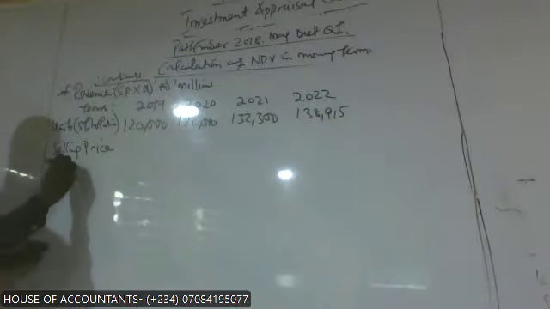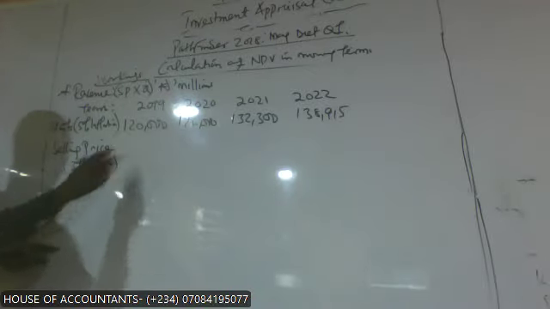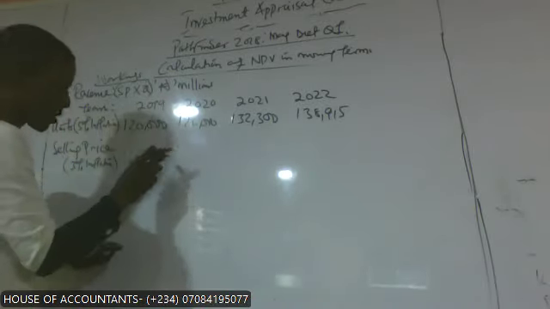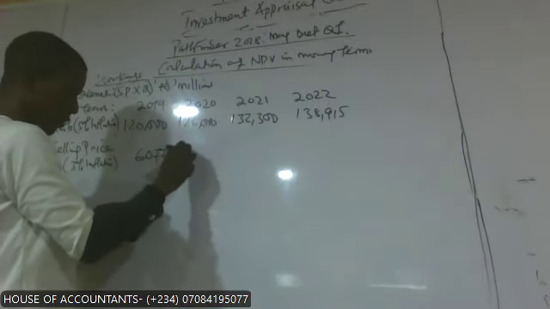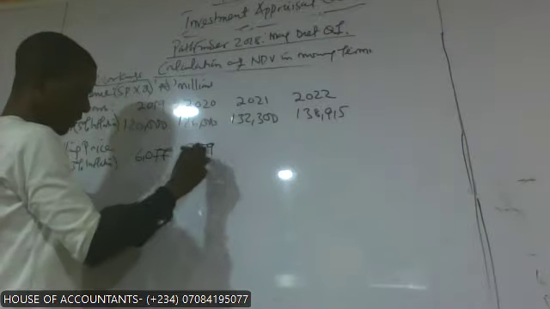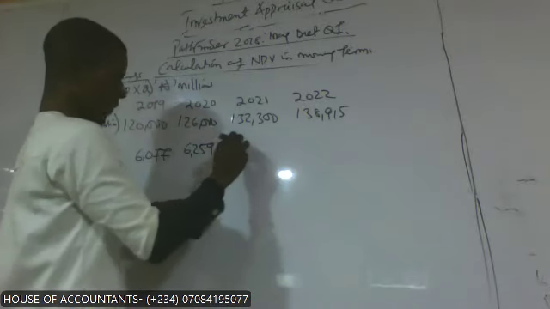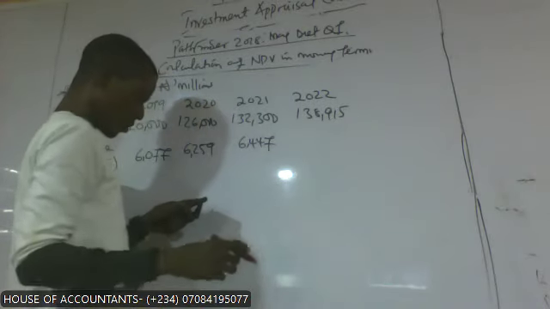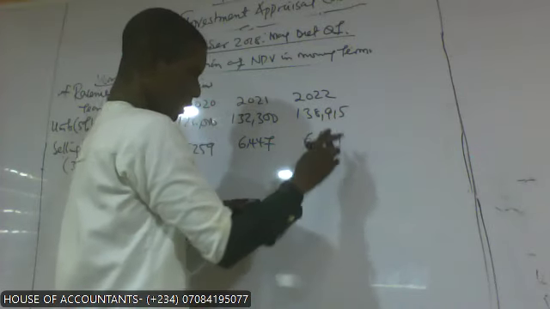There is a 3% inflation rate. So that takes us to 6,077. Multiply this also by 1.03. What do we have? 6,259. By 3%, what do we have? 6,447. And the last one is what? 6,640.